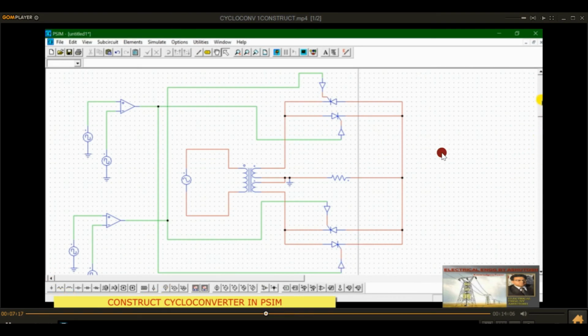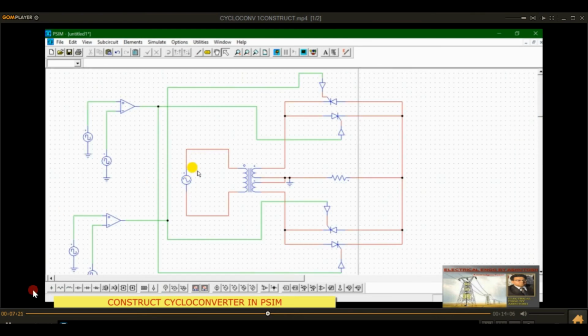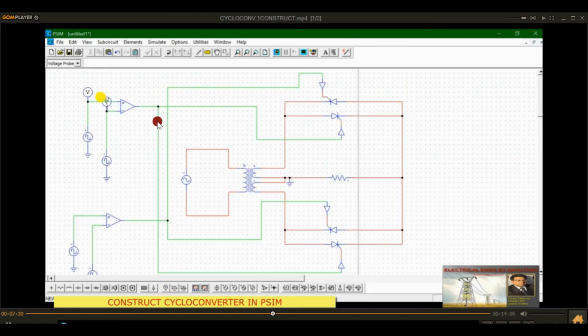And then we will set the value of frequency. Okay, so we are actually constructing a step down cycloconverter. Now we are connecting voltage probes. You see here we have selected voltage probes. This will show the waveform.